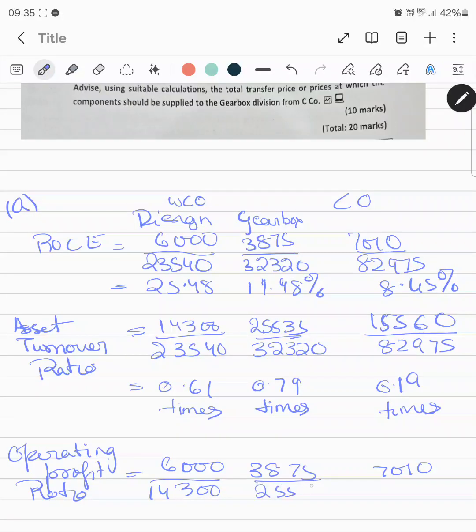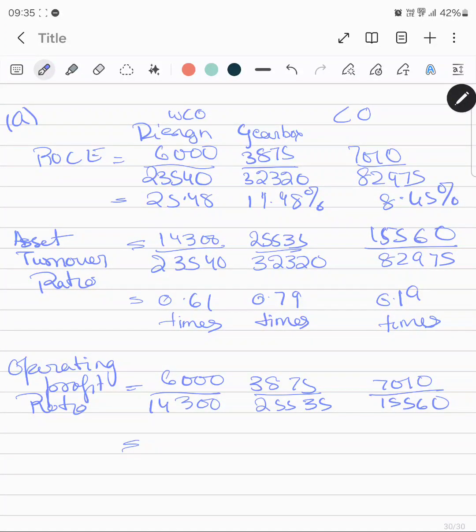This is calculated in terms of percentage, so we'll write the answer in percentage. 6,000 divided by 14,300 into 100, that is 42%. 3875 upon 25535 into 100, that is 15.17 or 18, or I can write this as 41.96%. And 7010 upon 15560 is equal to 45.05%.